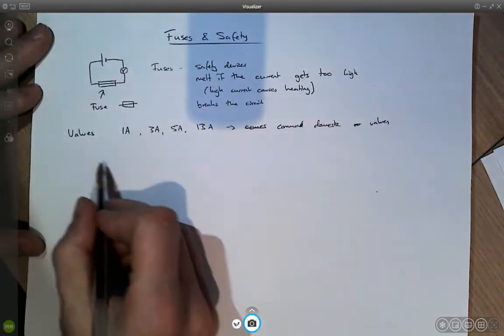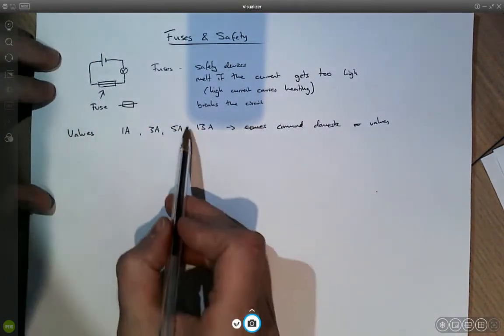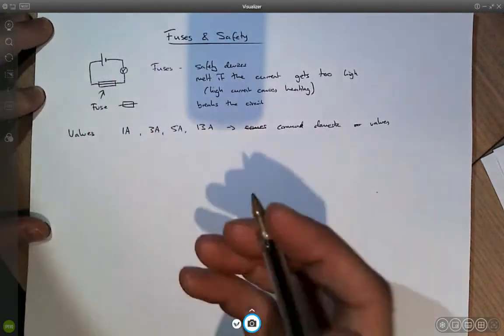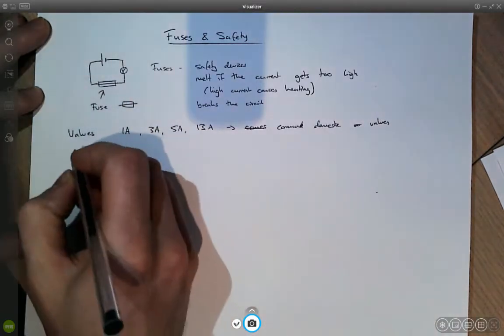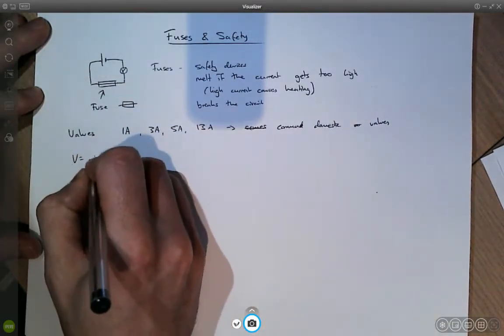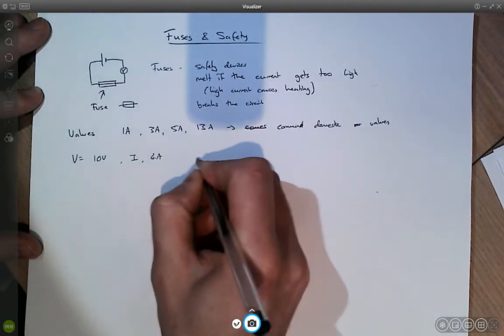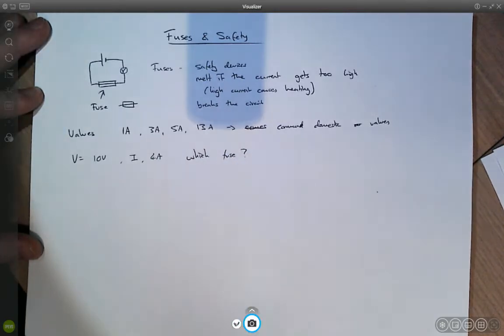Students should then be able to do simple calculations for a circuit to work out what is most appropriate. So I won't bother writing out the whole question, but a typical thing might be something like the potential difference is 10 volts, the current is 4 amps, which value of fuse should be used in a circuit.